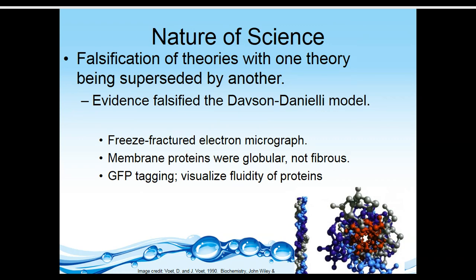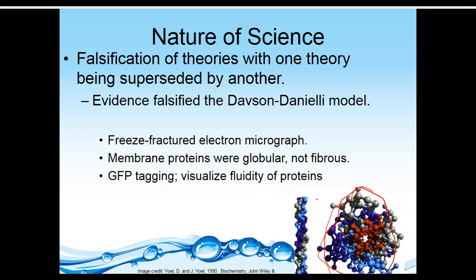We continue to develop technology which allows us to make new observations, which means that we can understand phenomena better. And so some of the evidence that we were able to use to falsify Davson and Danielli's sandwich model, that freeze fracturing of the membrane. We figured out that membrane proteins were globular, not fibrous. We'll talk a lot about proteins in our next unit, but this is globular protein.